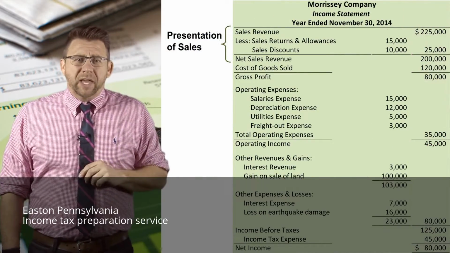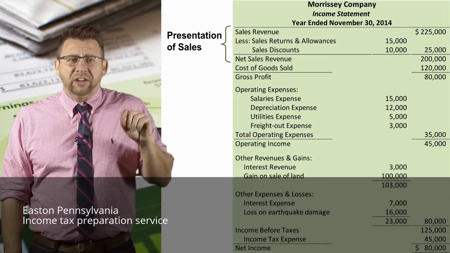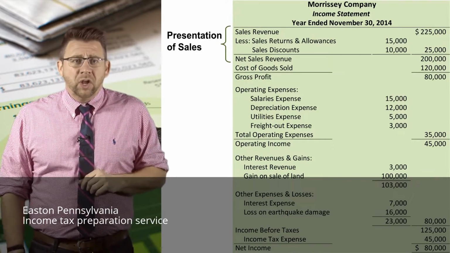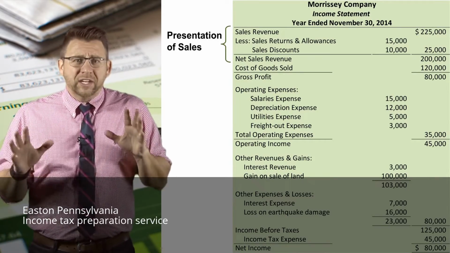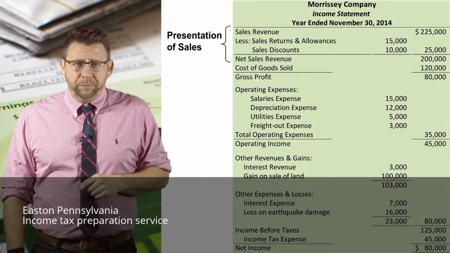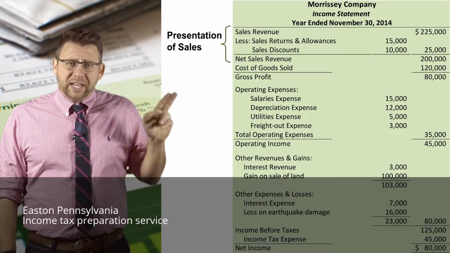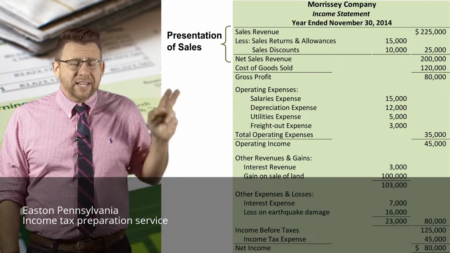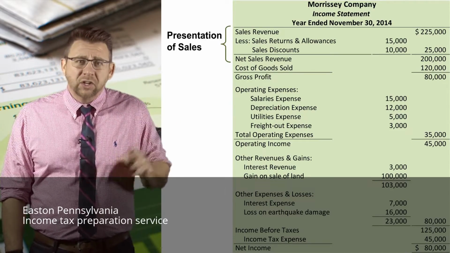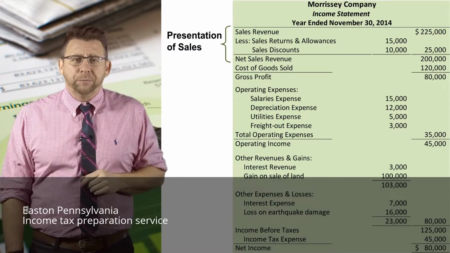The multi-step income statement starts with the calculation of net sales revenue. No other revenue is included in this section. So sales revenue is reported first, then sales returns and allowances and sales discounts are deducted to arrive at net sales revenue.